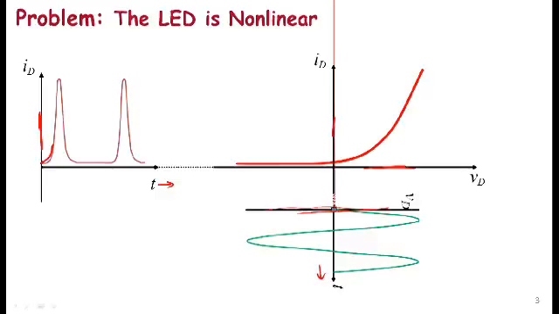So for example, if you look at this blue point here, this corresponds to t equal to 0 and VD equals 0. So that point corresponds to VD equals 0 and ID being slightly above 0. And it corresponds to time t equal to 0 here, and an ID being slightly above 0. So these 3 points, call them P1, P2, and P3, are related in the fashion that I just mentioned.